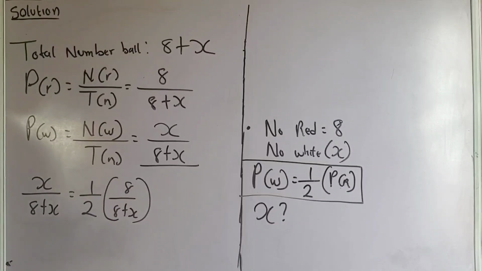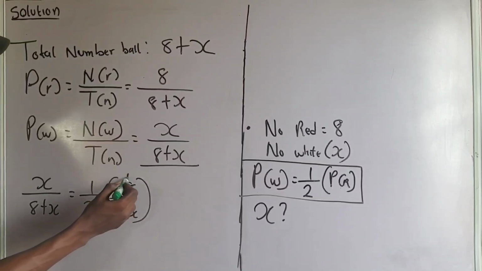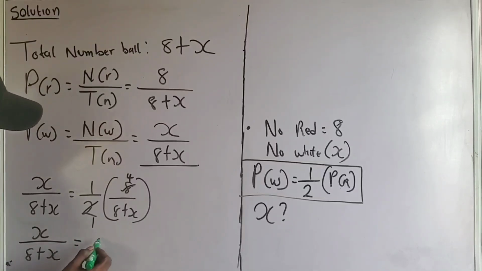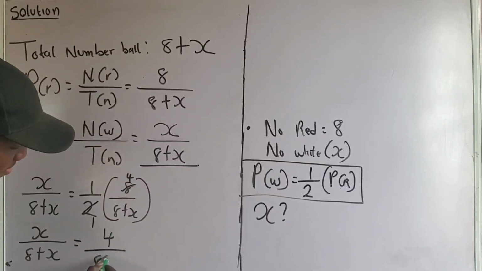Having gotten to this point, please pay attention. 2 here 1, 2 here 4. So I'm going to have x all over 8 plus x is equal to 4 all over 8 plus x.